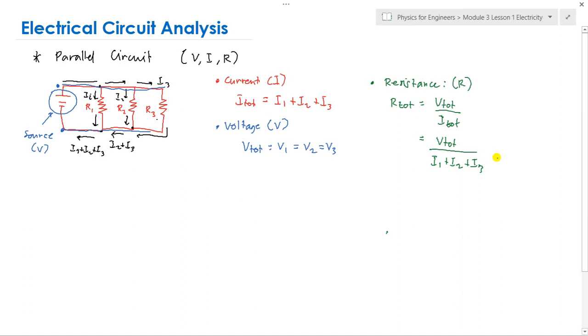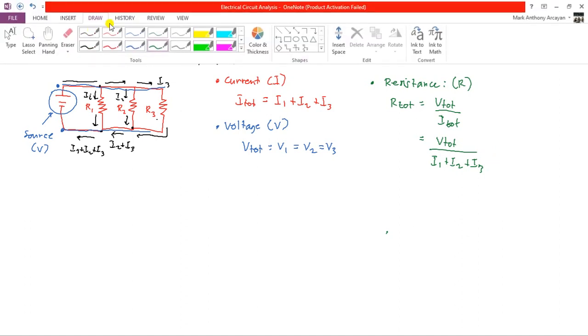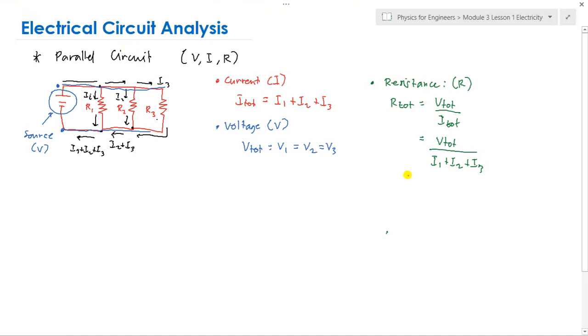And here, in order to derive for the total resistance, we can also use the formula for current.